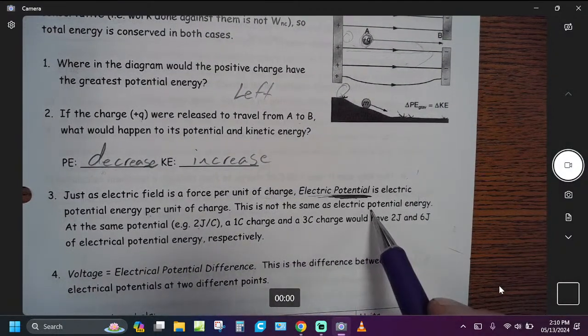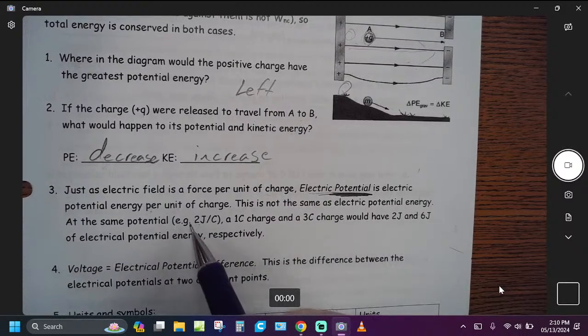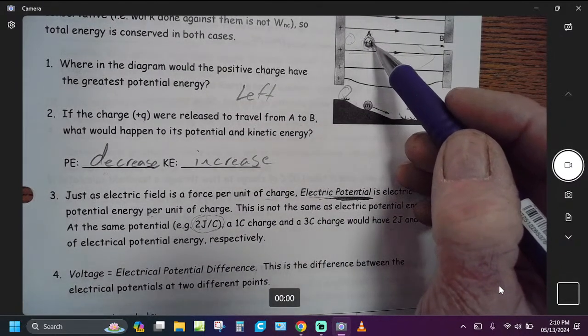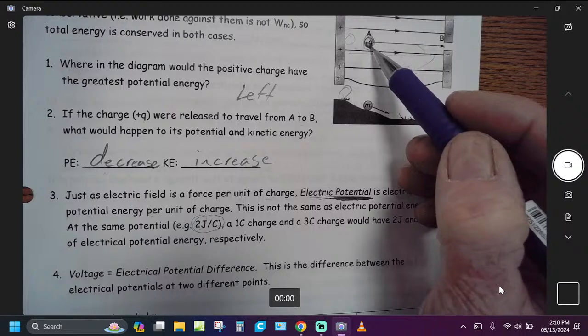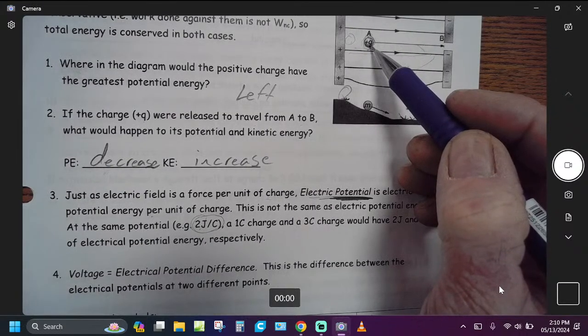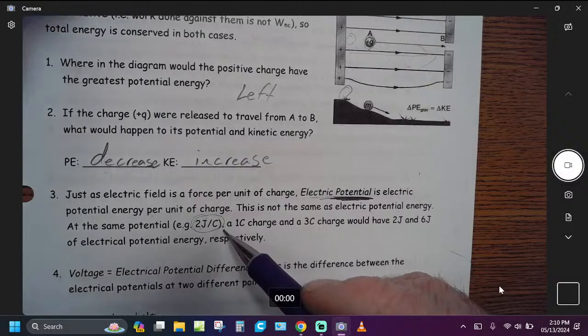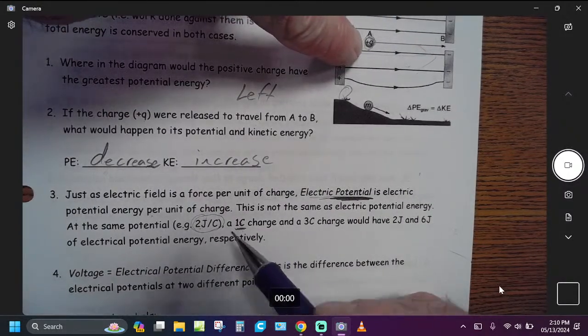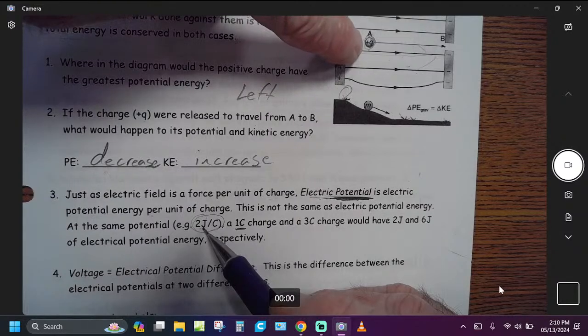It's not the same thing as electric potential energy. So at the same potential, let's say 2 joules per coulomb. If this is at a potential of 2 joules per coulomb, we don't know how many joules it has. Depends on how many coulombs of charge it has. So if it is a positive 1 coulomb charge, then it's going to have 2 joules of potential energy.